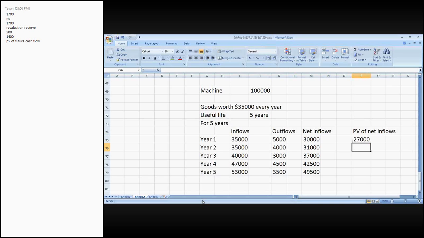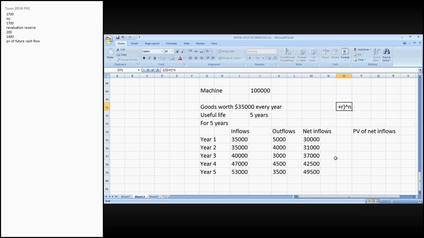I'm just assuming it because you can calculate the present value by using the formula 1 divided by 1 plus R raised to power n. This is the formula for calculating present value.